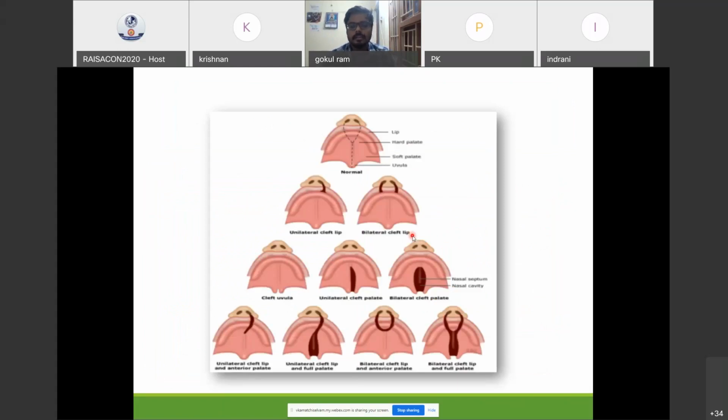Fine. Now, could you just tell us what are the common etiologies for this cleft lip and palate? The exact etiology has not been found, sir. It can be due to genetic or environmental causes. The environmental causes that have been found are alcohol consumption in the mother, or certain drugs.